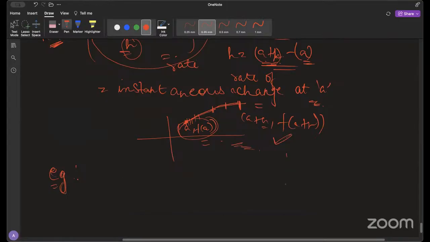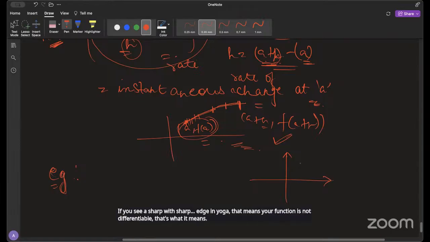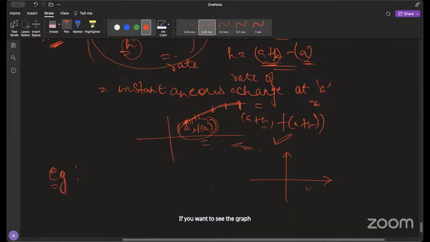And graphically, it's not always the case, but for simple curves, if you see a sharp edge in your graph, that means your function is not differentiable. That's what it means, if you want to see the graphical side of it. Okay, so let's take up some examples to discuss it.